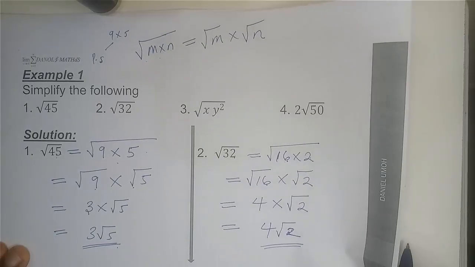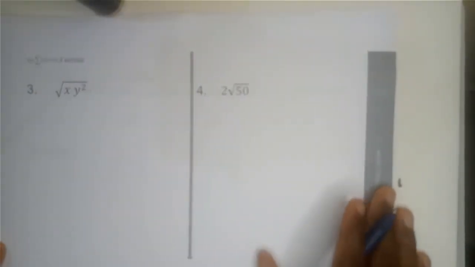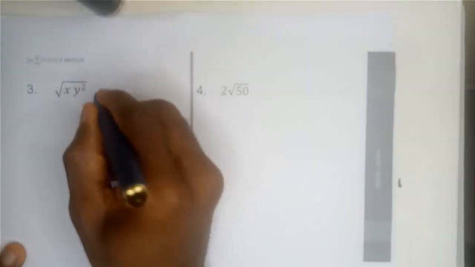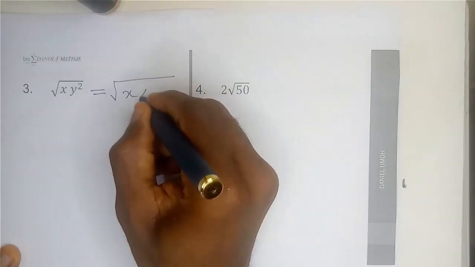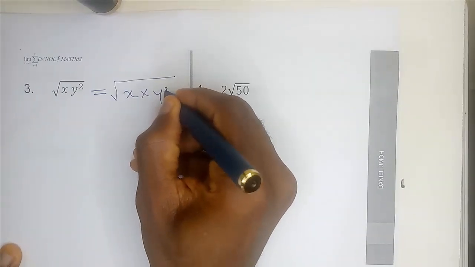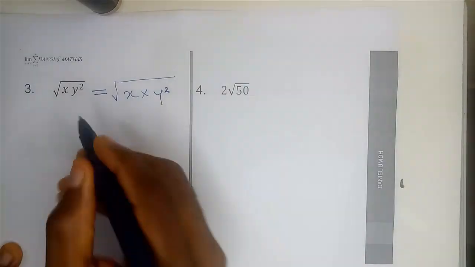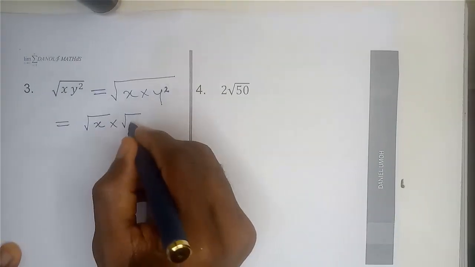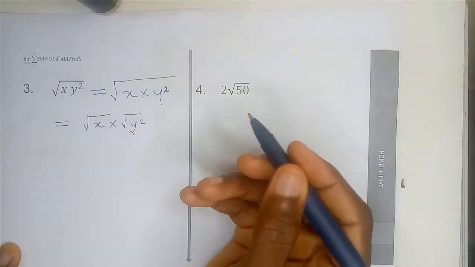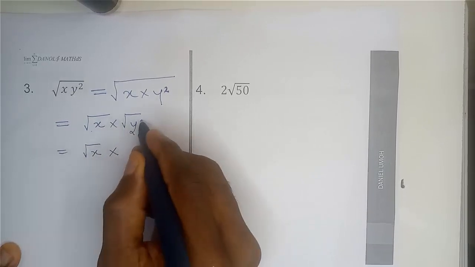Okay. Number 3. The square root of x y square. How do we do this? Of course, if you break this, the two numbers that when you multiply you get this, that is just x times y square. And of course you can see that y square here is a perfect square. So if I split this, I'll have the square root of x times the square root of y square.